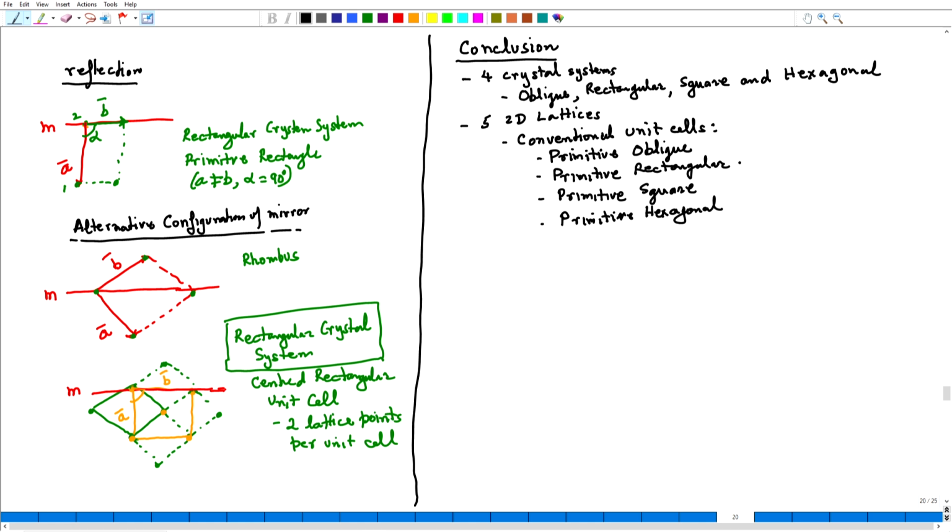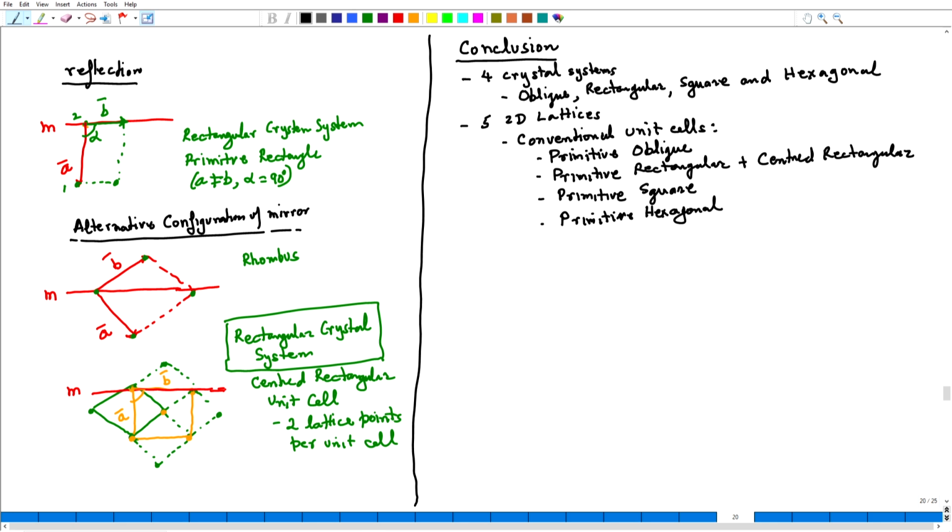Plus, I should add the second unit cell under the rectangular system as centered rectangular. So, these are all the 5 lattices that we have in 2 dimensions.